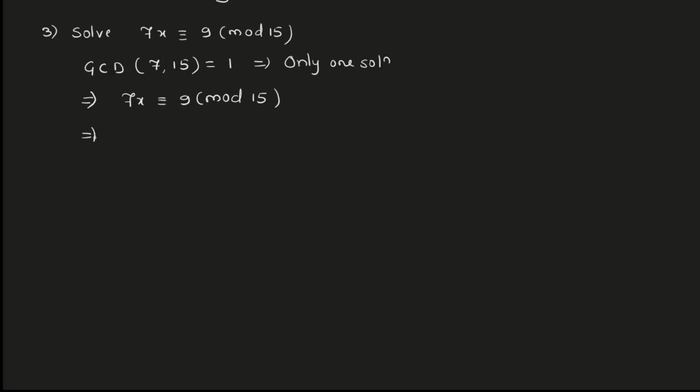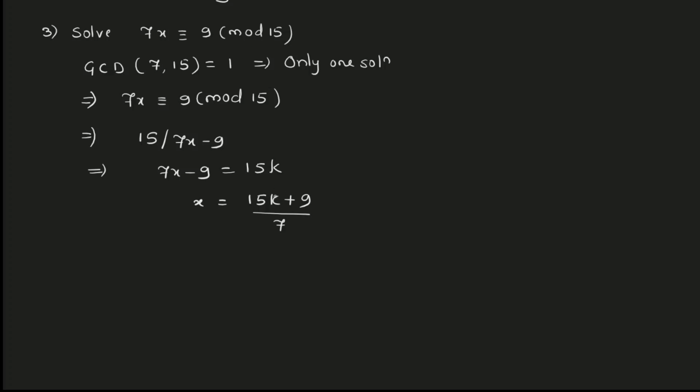Automatically, you can write this as 15 divides 7x minus 9. So 7x minus 9 is equal to 15 into some k. And I want x. So it is (15k plus 9) whole divided by 7. Now, by inspection method, you can check what is your x by putting k, because anyhow we have one solution.